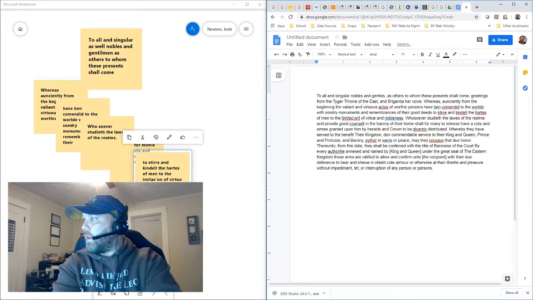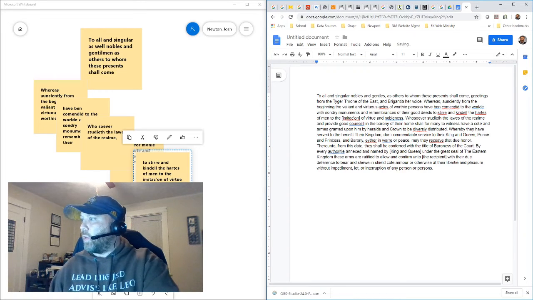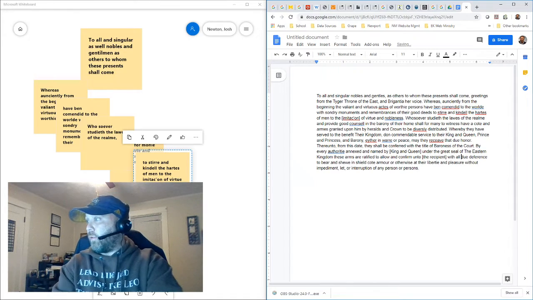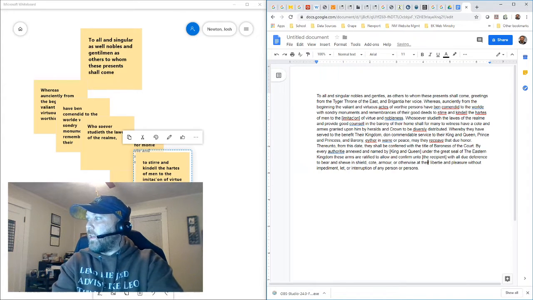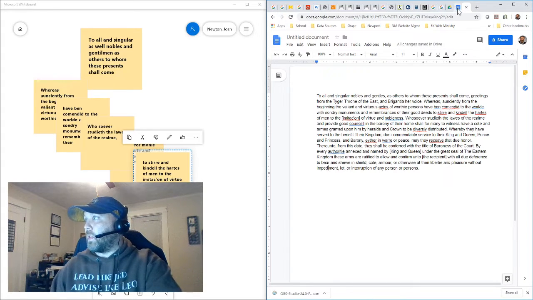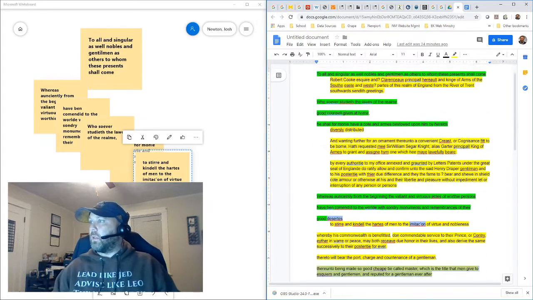These arms are ratified to allow and confirm unto the recipient with all due deference, to bear and show the shield, I'm going to put commas, coat, armor, or otherwise at their liberty and pleasure without impediment, let, or interruption of any person or persons. Okay.